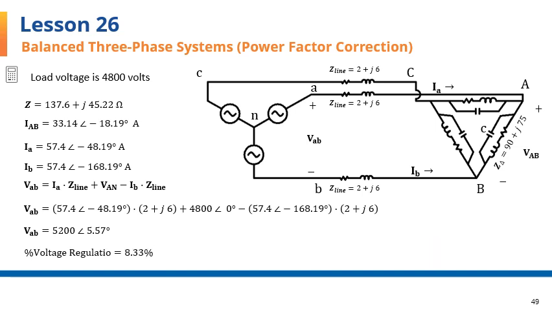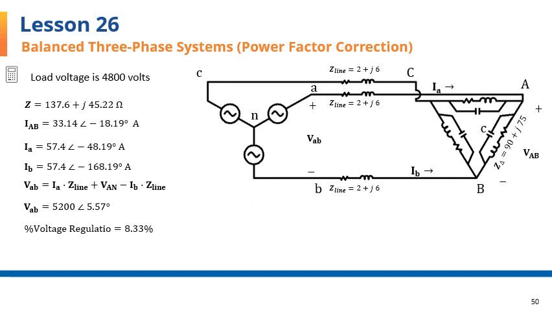I'll summarize the results to make room for the calculation of the powers now. Here are the results so far. Single-phase load complex power is found as VAB times the conjugate of the current in that load. So VAB between points A and B, times the conjugate of IAB.